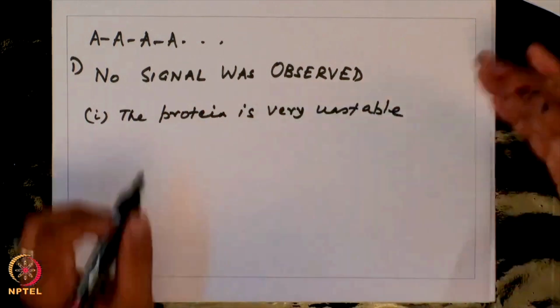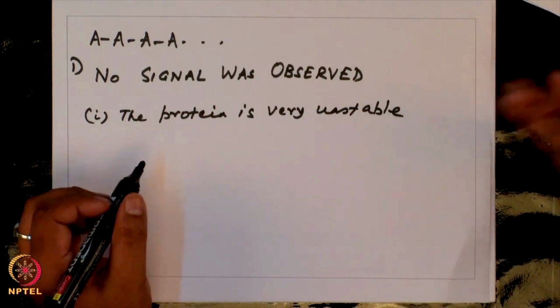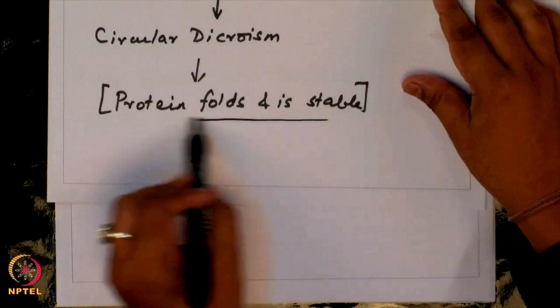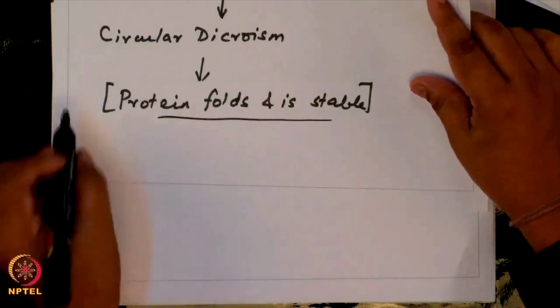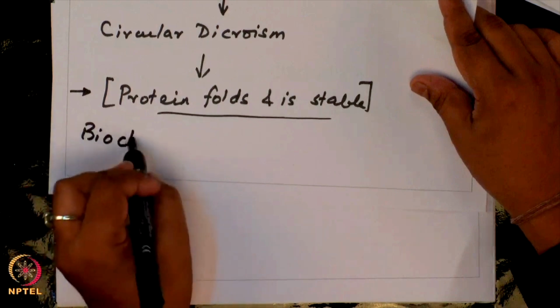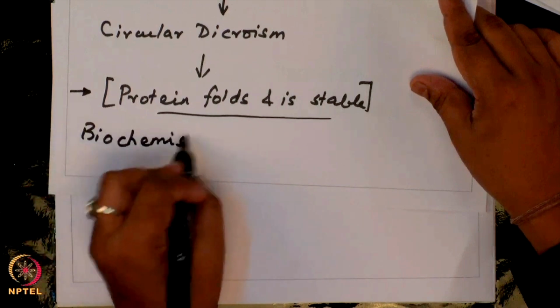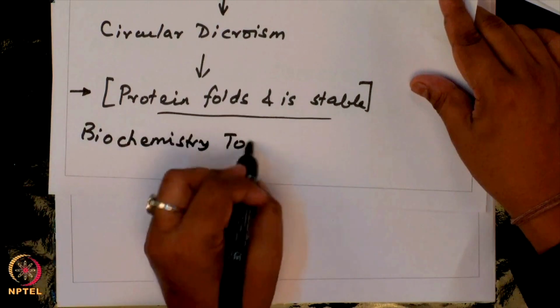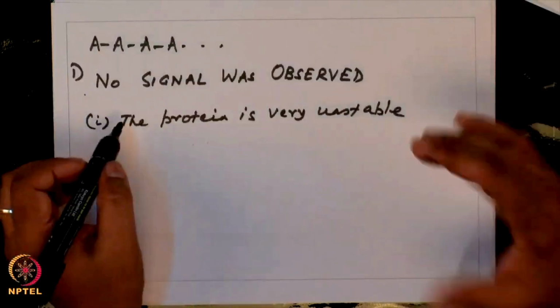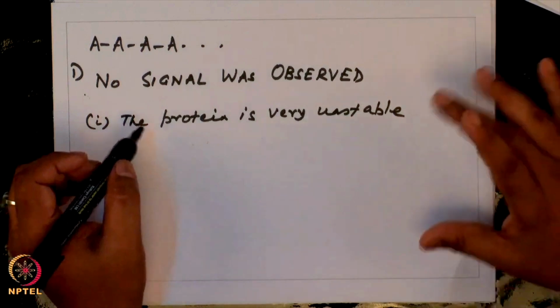To begin with, it does not fold properly, and that is why I said that we must make sure that the protein folds and is stable. But if you have done this check using biochemistry tools, then you know that this is not the case. But this might be one possibility.